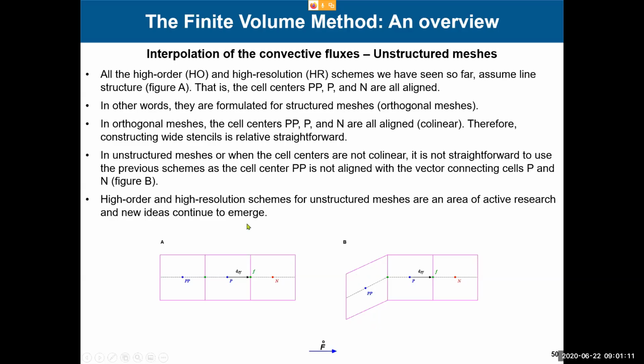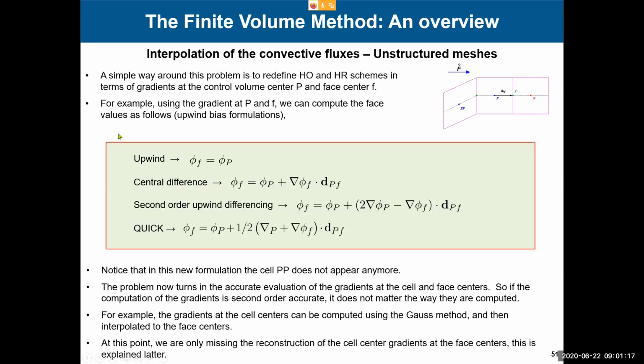Okay, by the way, this is an area of active research. There are many techniques. So for instance, you have these techniques here that you can express: upwind, central difference, second order upwind, and QUICK, another method, high order, like this. So see that here, not anymore, we have the cell PP. Now we have gradients. So you are introducing the cell gradients. That is actually what happens.